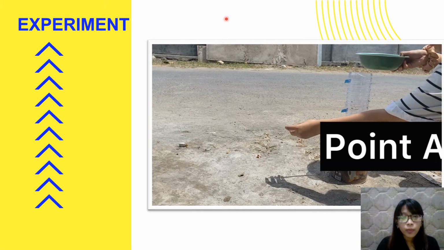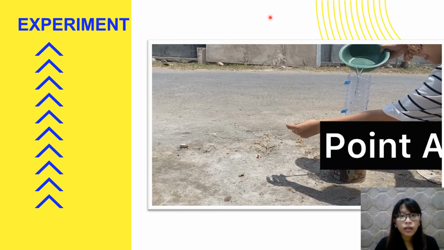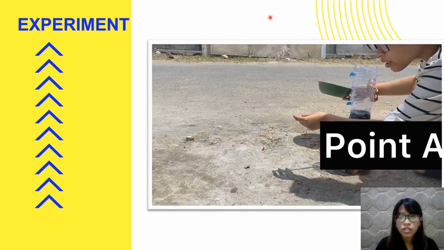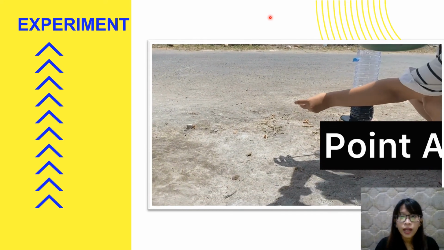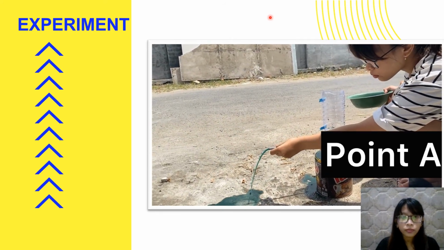Here is the experiment process. Basically, it only needs filling up the bottle with water until it reaches point A. Then I need to observe the output of the water flow.